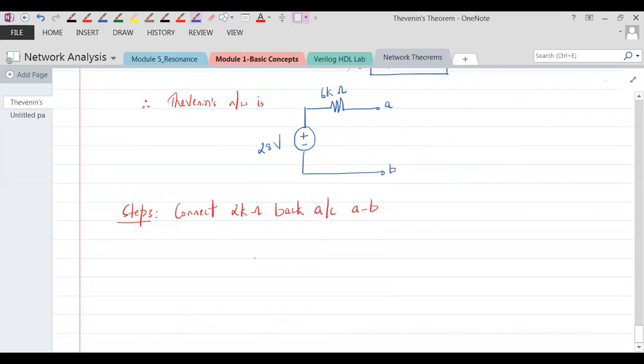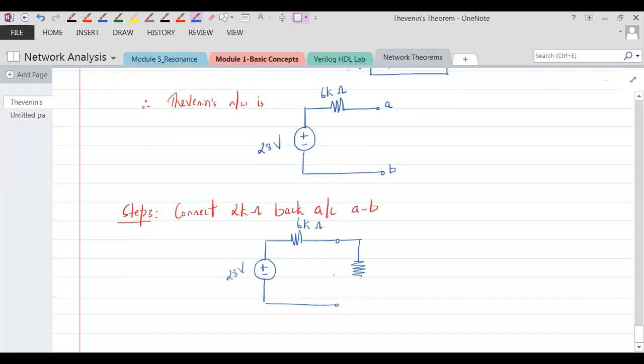Yeah. So how is it going to look like after I reconnect? This is something that we have just found out. The Thevenin's equivalent network. 6 kilo ohm is RT, 28 volts is VOC. Okay, across this was your 2 kilo ohms which we had removed.